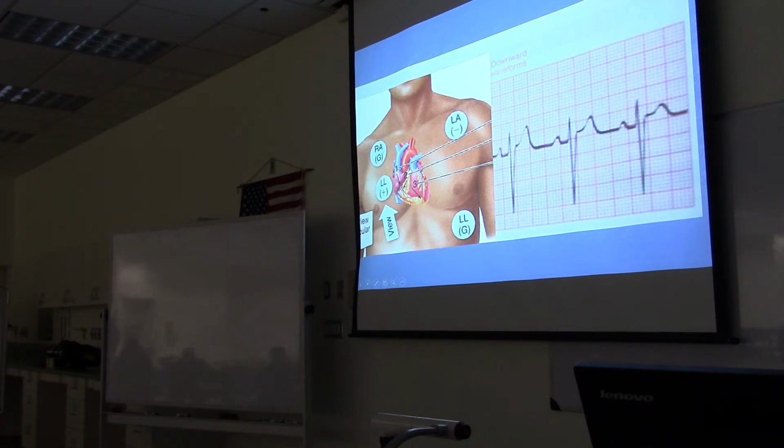Because we started off in lead 2, we put the negative on the right and the positive on the left. They've got everything completely switched. Negative is over here, positive is over here, and then they've got 2 ground wires.